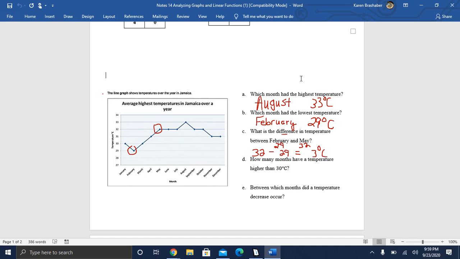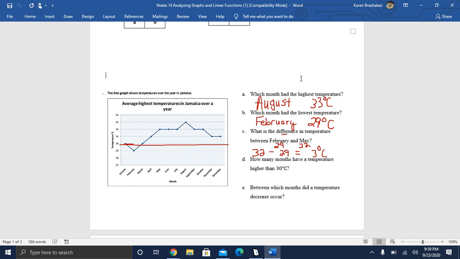And then how many months have a temperature of higher than 30 degrees? So we would want to look at our chart and find 30 degrees. So 30 degrees is this line here. And so you have several months. It says how many months have a temperature higher than 30. Now, it doesn't say equal to 30, but it does say higher.